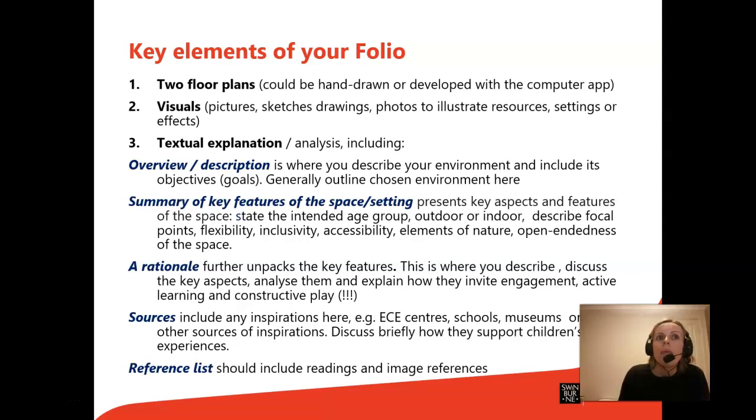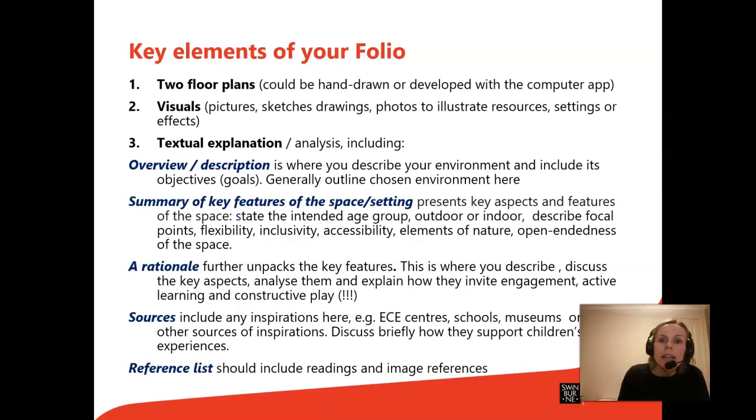So we recommend that you use this particular format here. In each of your plans, there would be the overview part where you explain the objectives of the particular space that you've set up. Outline your environment and a little bit of a description there.